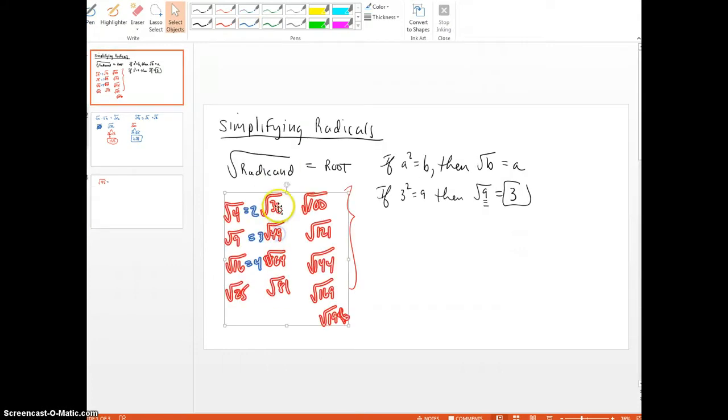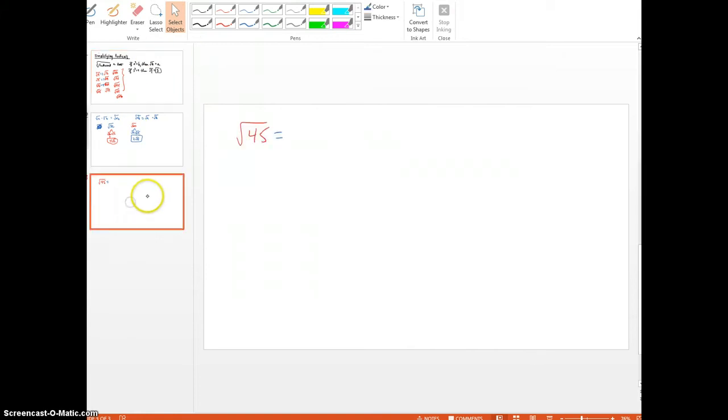If I look, 49, no. 36, no. 25, no. 16, no. Does 9? Yes. So we break this up into the square root of 9 times the square root of 5, and the square root of 9 gives you 3 root 5. So again, it's key to find that largest perfect square that goes into the radicand.